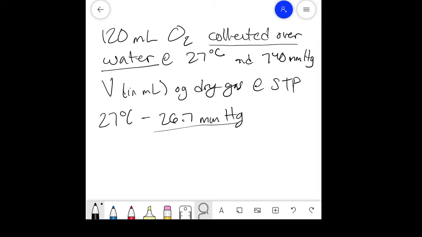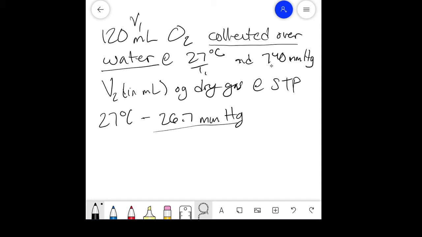We also need to label this before we get started. This is our V1, because that's the volume we know, and we're looking for V2. It's collected, so this is our T1, that's our first temperature.